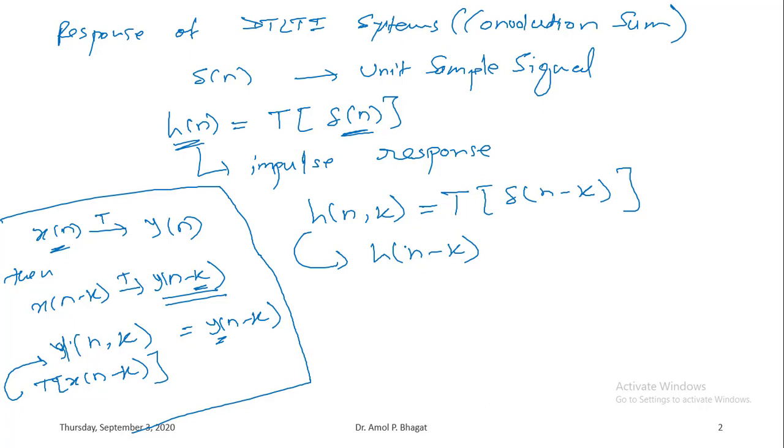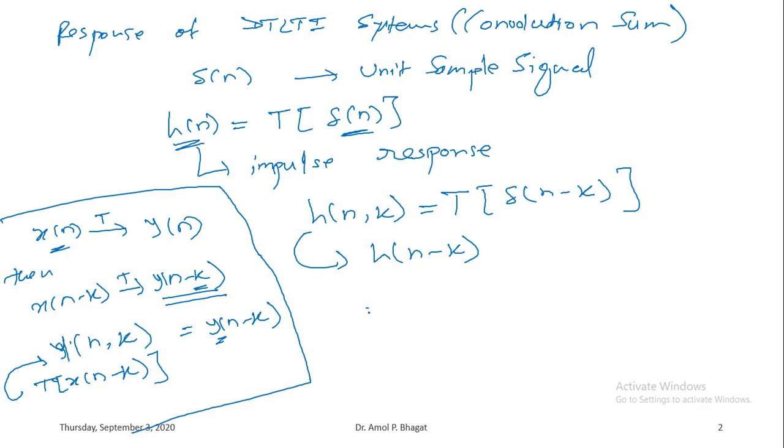Since h of n is the impulse response of the system when we apply the unit sample signal, for a time invariant system the response is simply the impulse response delayed by k samples when we apply del of n minus k to the given system.